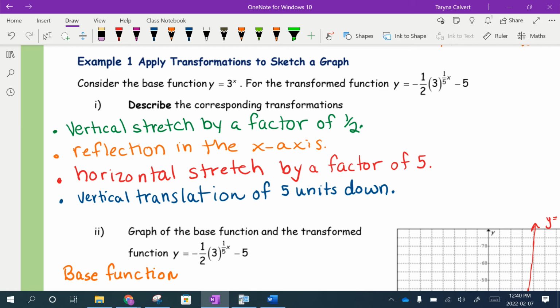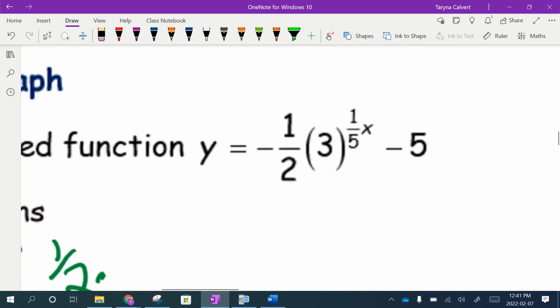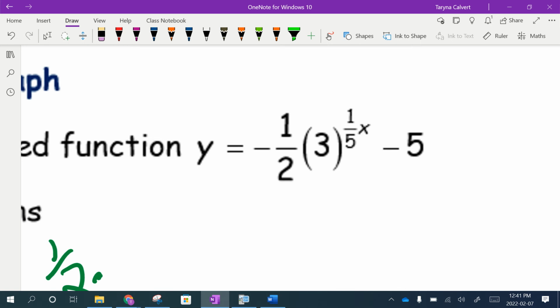We could open up our unit 1 notes. Remember when we did all that. What I would suggest, because I'm not going to go through that whole explanation again, is to go to lesson number 3, I think, in chapter 1, when we graphed all of them. When we did the horizontal stretches, we saw that when there was, say, a 1/5 here, it didn't actually stretch it by a fifth, it stretched it by 5.